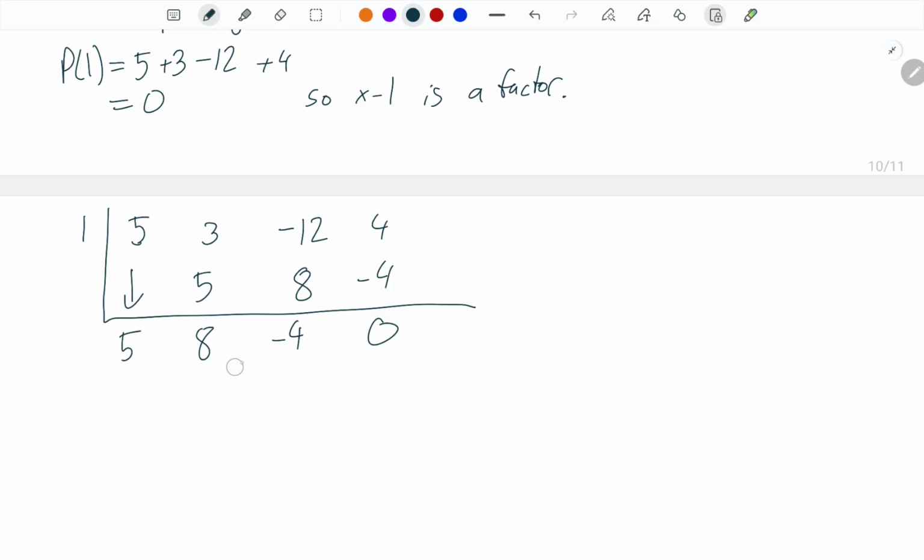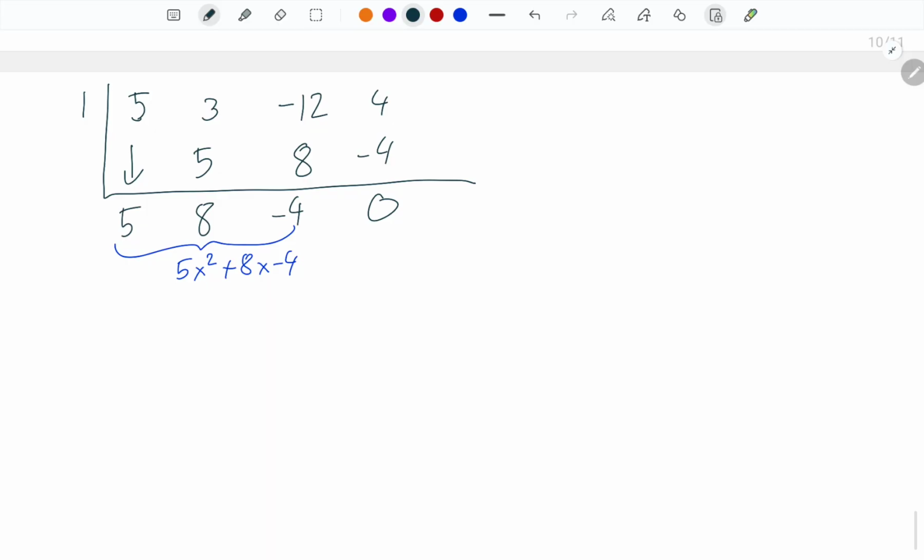And the remaining parts give you 5x squared plus 8x minus 4. Okay, so now what that tells us is the polynomial is going to be equal to x minus 1, what we factored out, essentially. And we're left with 5x squared plus 8x minus 4.